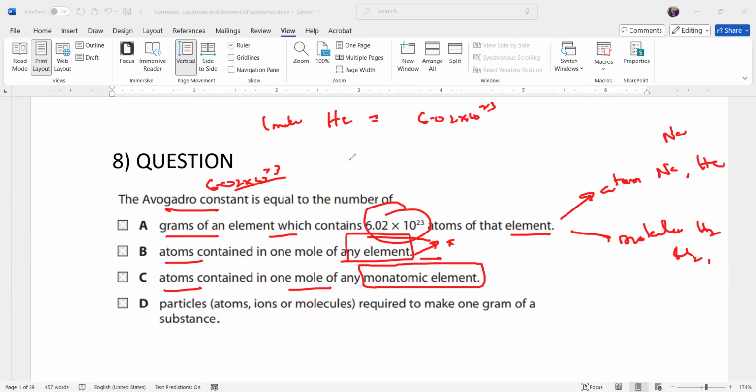But if we have 1 mole of hydrogen, how many atoms will be there? It will be 6.02 exponent 23 multiplied by 2. Why? Because hydrogen is a molecule, so atoms will be twice of it. So that is the complete description. It's the number of atoms present in 1 mole of any monoatomic element. So C will be the right answer. Is it clear?